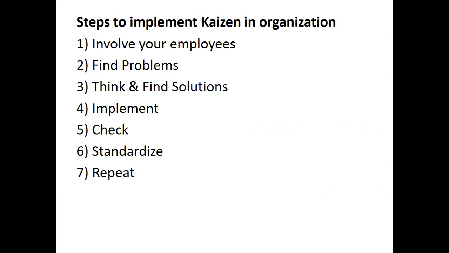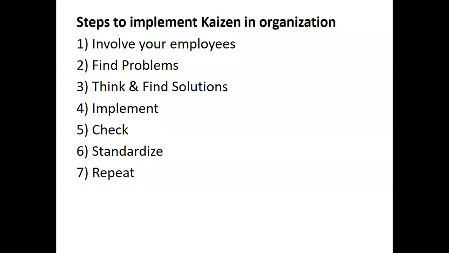Once you have motivated your employees to implement the Kaizen strategy in the organization, then as per these Kaizen principles, the second step is you have to identify the problems in your areas where there is scope for improvement, scope to reduce the cost.